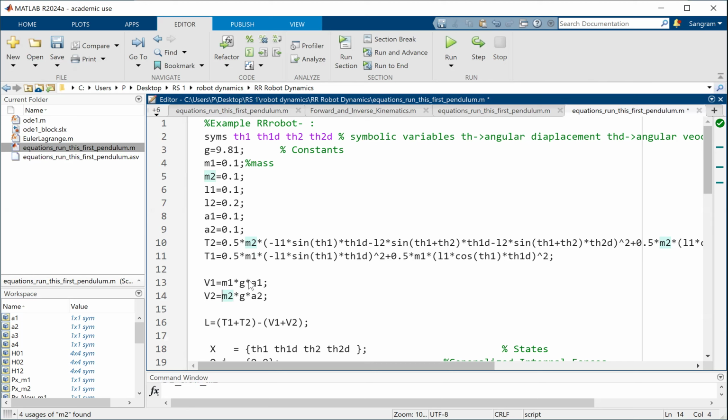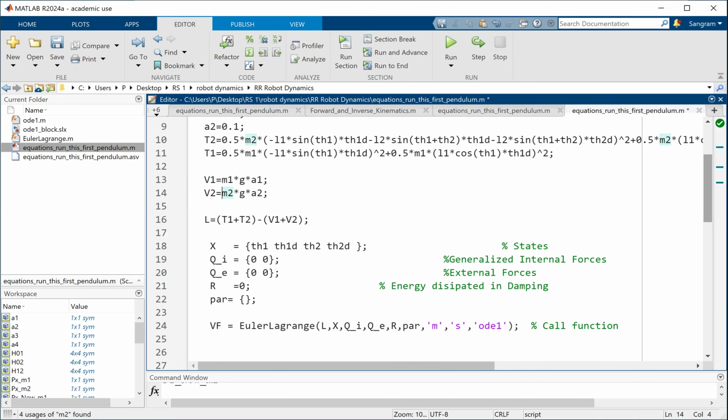In this problem, there are no internal forces, there are no external forces, there is no damping. Now, I want you to understand, at the end of the day, when you are trying to add a controller term, what does it mean when we add a controller term?